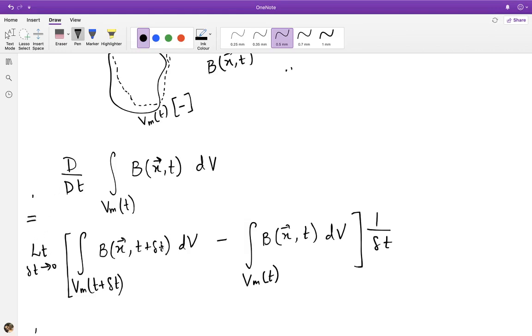I'm just using the definition of a time derivative, and the fact that the material volume changes is represented in the fact that the limits of integration are changing.